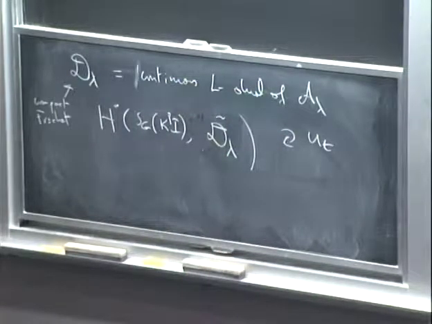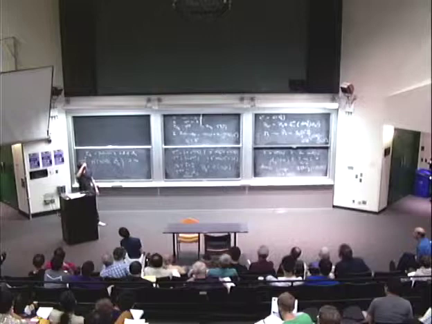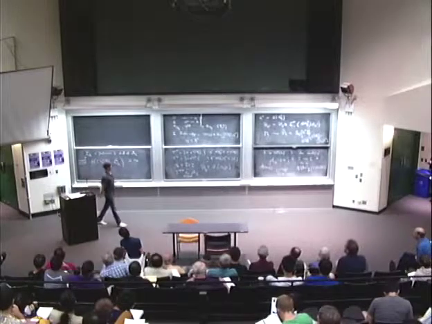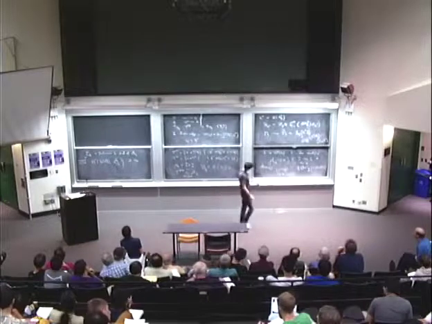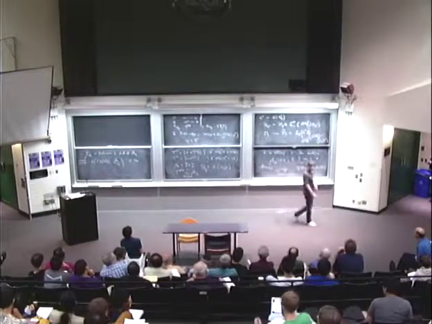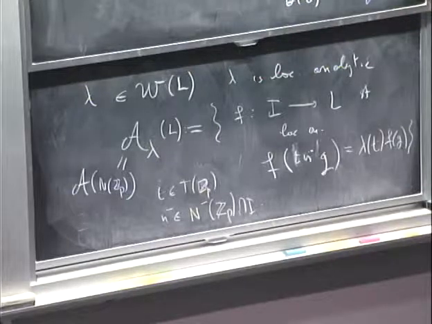However, what can be done is that using the Borel-Serre compactification, it's possible to compute the cohomology. The cohomology of the Borel-Serre compactification is the same as the cohomology of this quotient here, and therefore it computes the same cohomology.